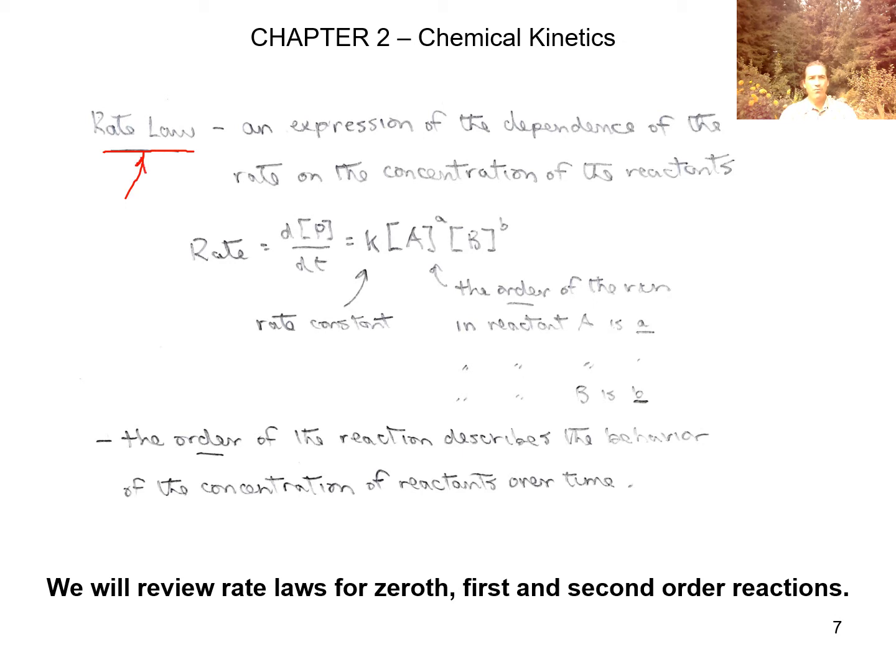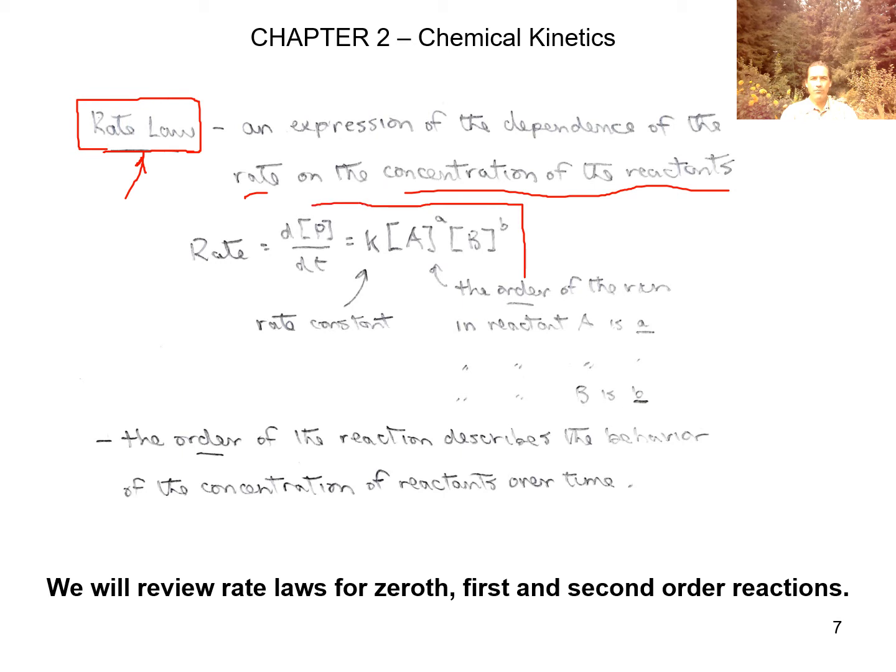And so what this equation does, and that's what the rate law is, it's an equation. It relates the rate with the concentrations of the reactants. So once we have it written, we can model that curve that you saw on the previous slide with the equation.